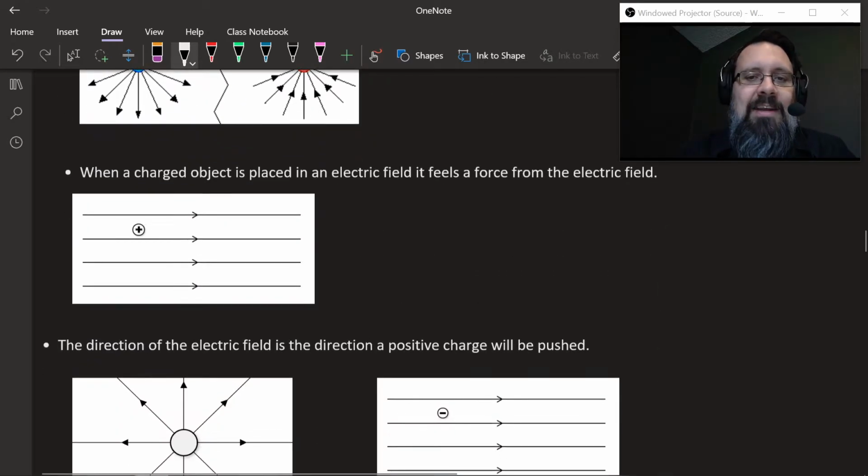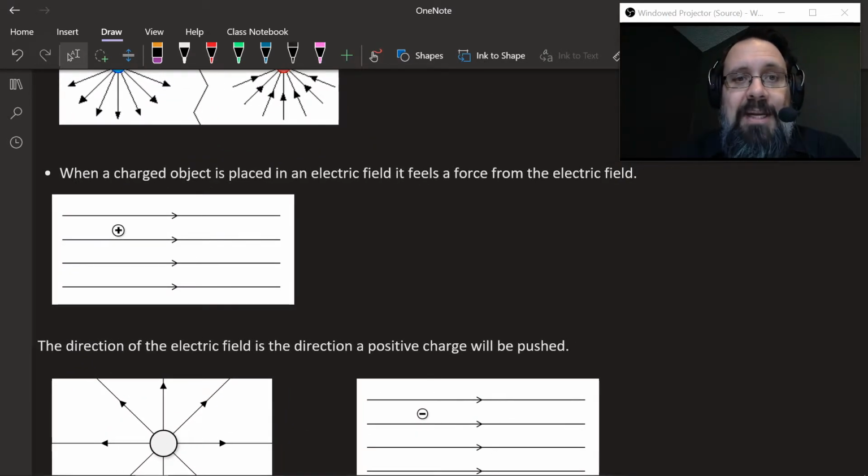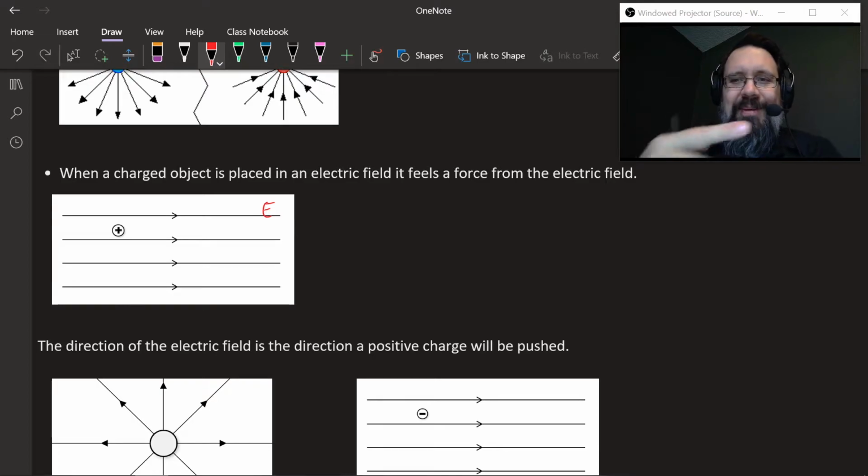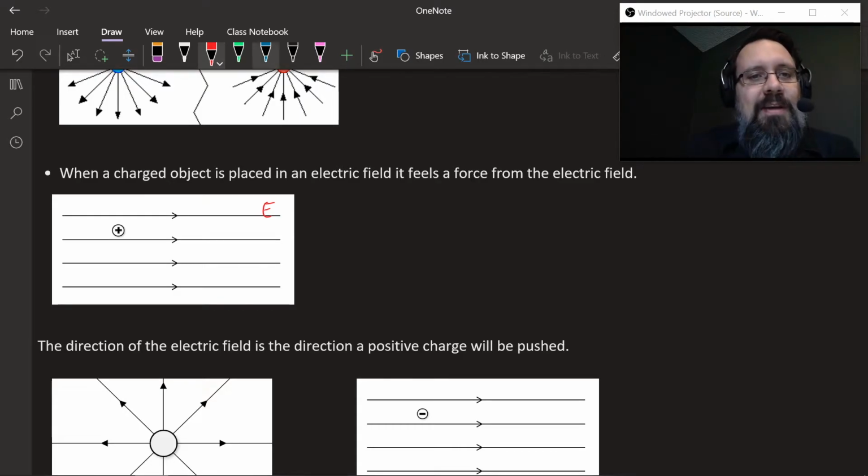The second key understanding: when a charged object is placed in an electric field, it feels a force from the electric field. So these lines are representing the electric field. This electric field is pointing to the right. So if we put a positive charge in the field, it's going to feel a force, and it will be pushed to the right.